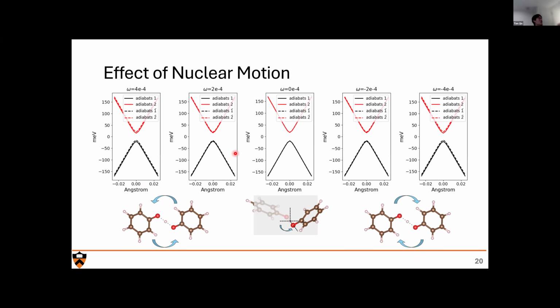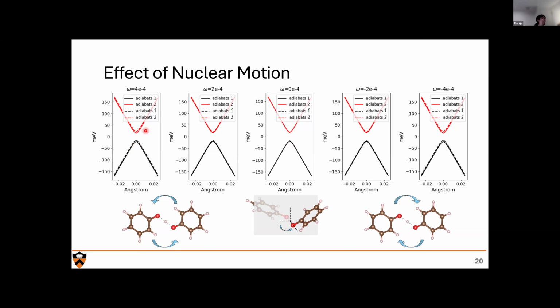Now, if we plot the potential energy surfaces for the previous two states that we looked at a couple of times, when we change the angular velocity, as we do here, we will find that the previously doubly degenerate surface now becomes four surfaces.